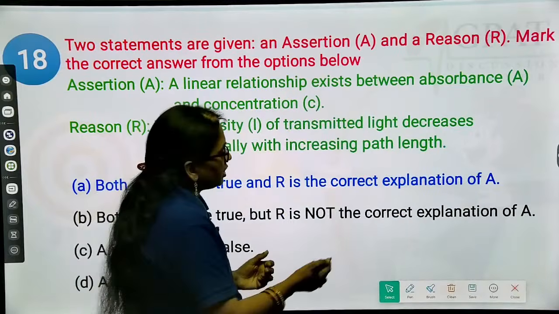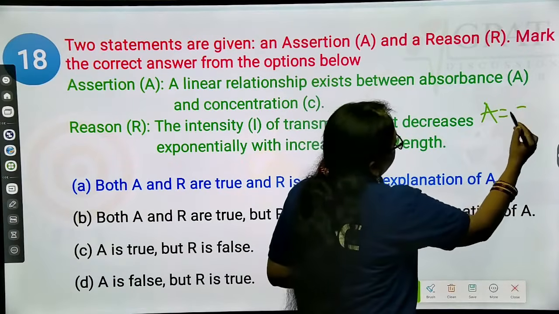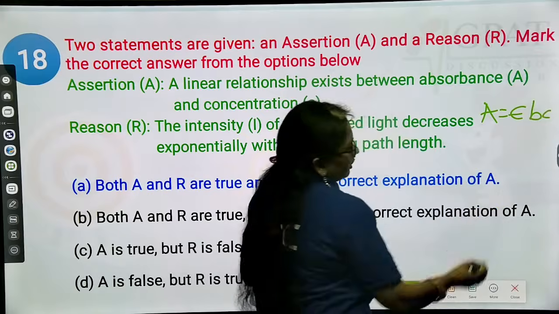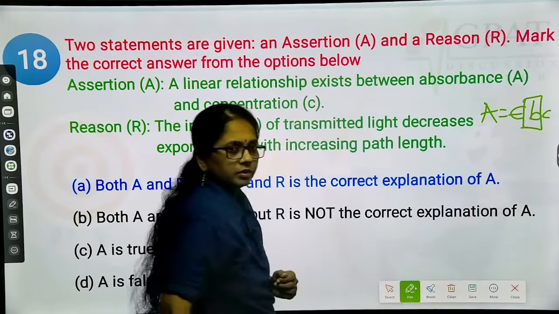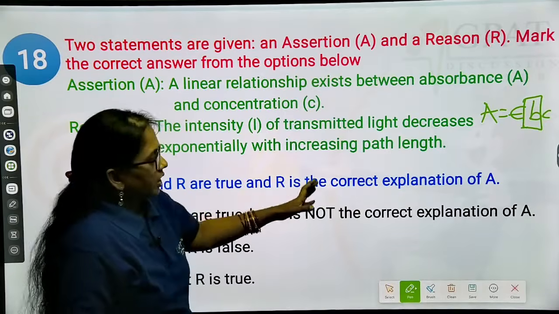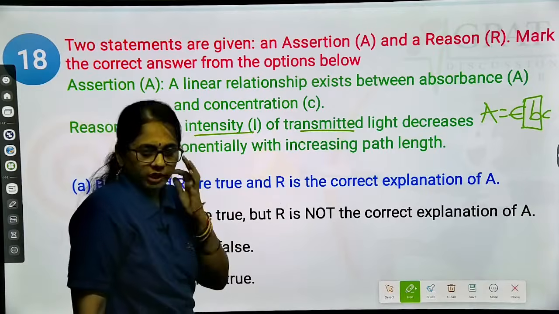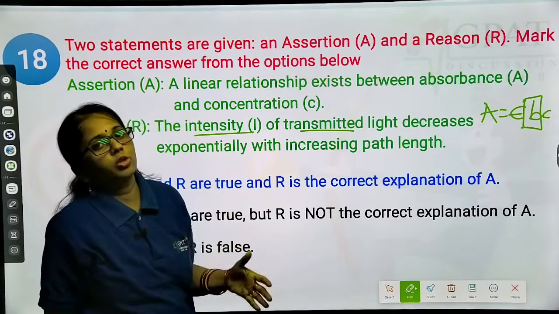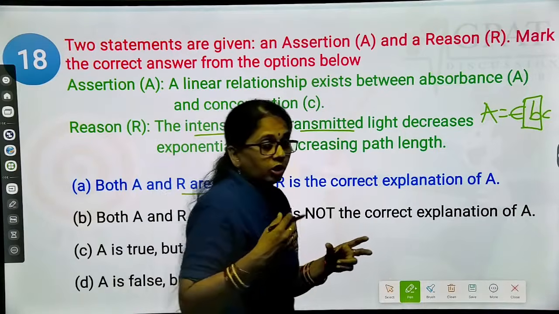According to Beer-Lambert's law, A equal to epsilon into b into c. So this b is related to the path length. With increasing the path length, the transmitted light is going to decrease. So automatically, that is also going to be logarithmic.